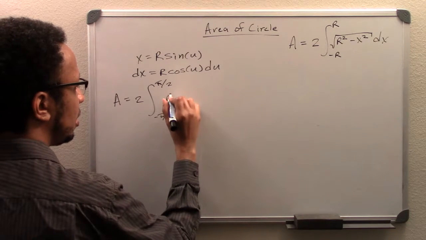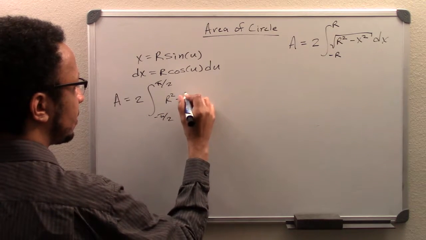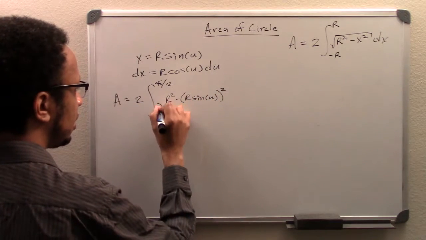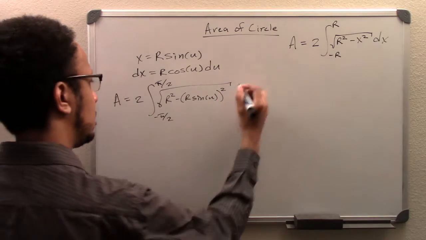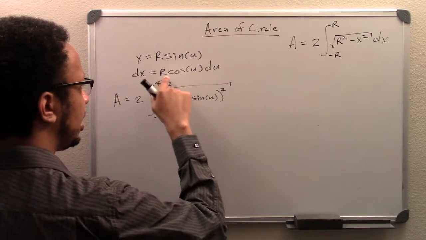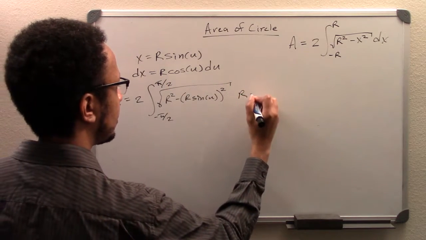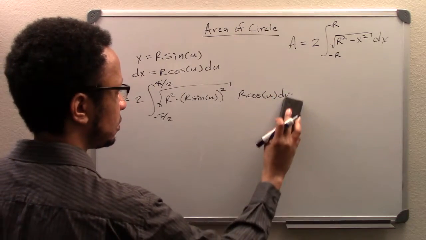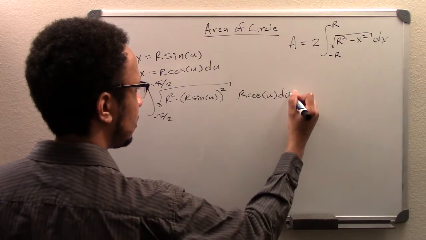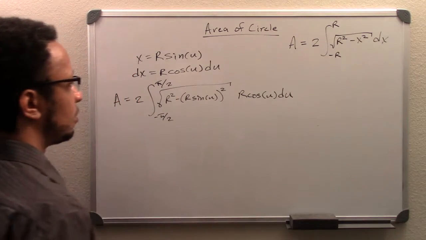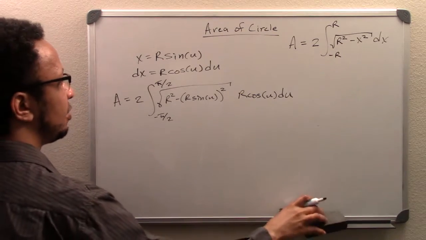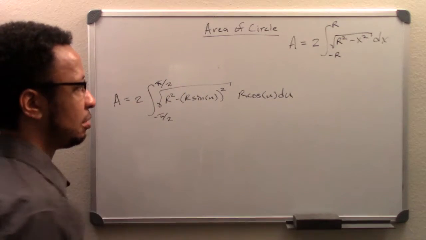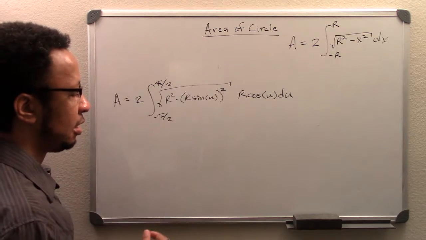So we're going to have r squared minus r sine of u, that's going to be squared, within the confines of a square root. And dx, we're going to have r cosine u du. And that's going to be our new expression. We're going to stick with that for a while until, if need be, we need to switch over to something else.